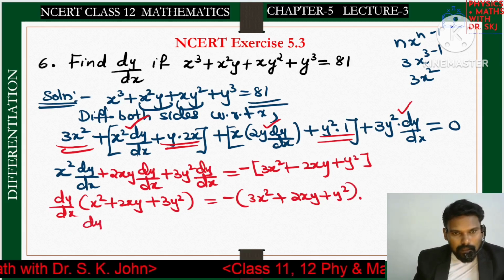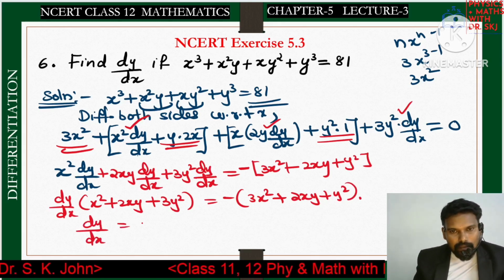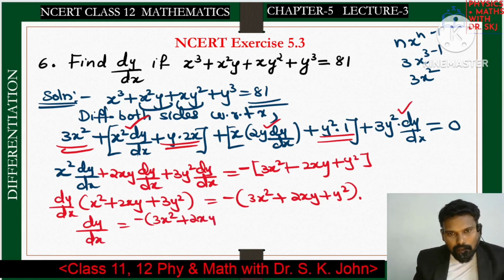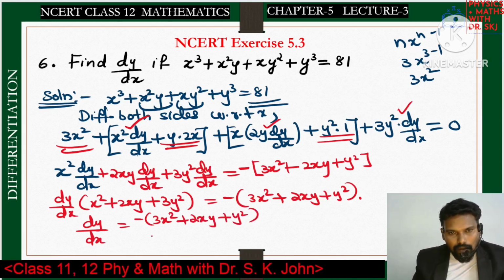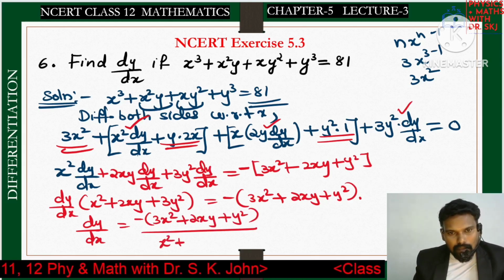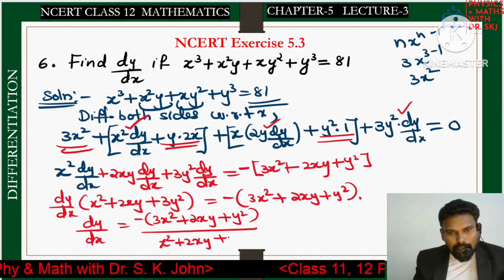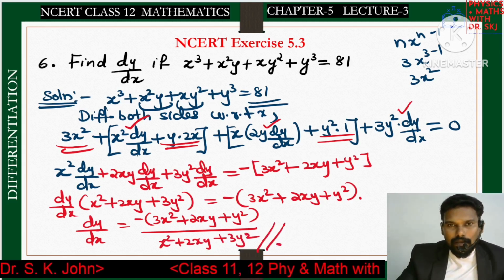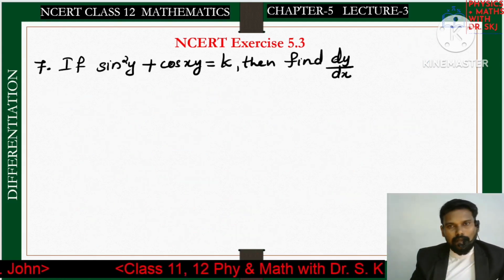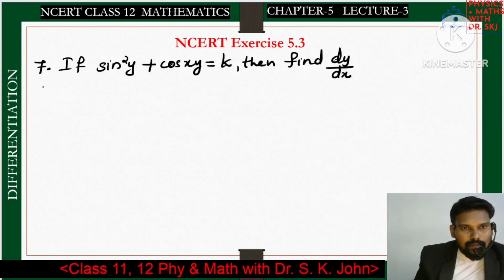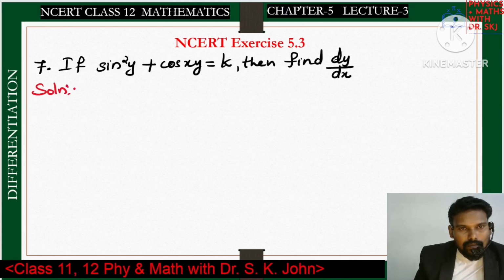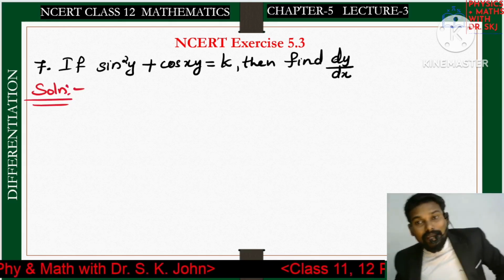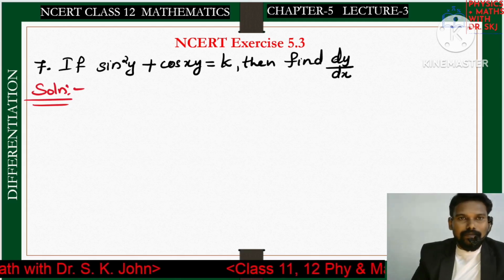So dy by dx is equal to minus of 3x square plus 2xy plus y square divided by x square plus 2xy plus 3y square. This is the final answer. Okay, now two questions are remaining. If sine square y plus cos xy equals k, then find dy by dx.